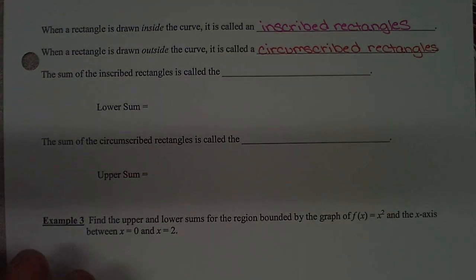So you might remember these words back from geometry. Inscribed is when it's on the inside, and then circumscribed is whenever something's on the outside, like a circumscribed circle or rectangle, things like that.